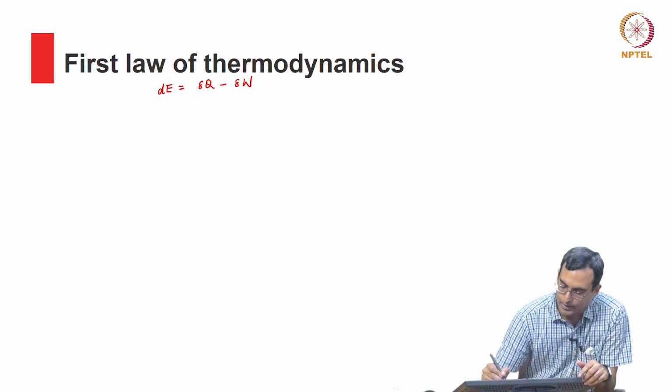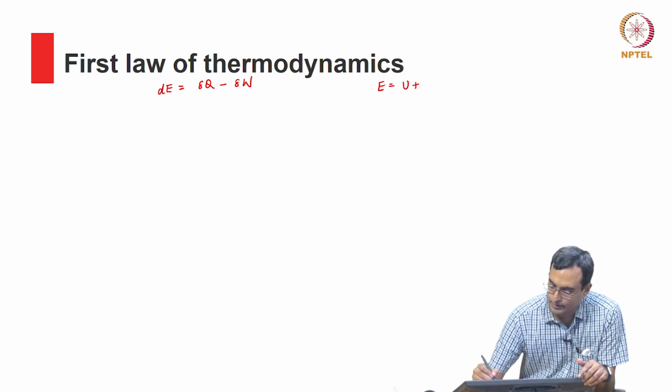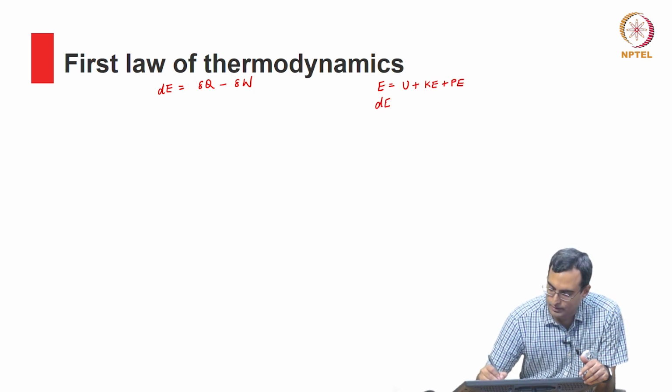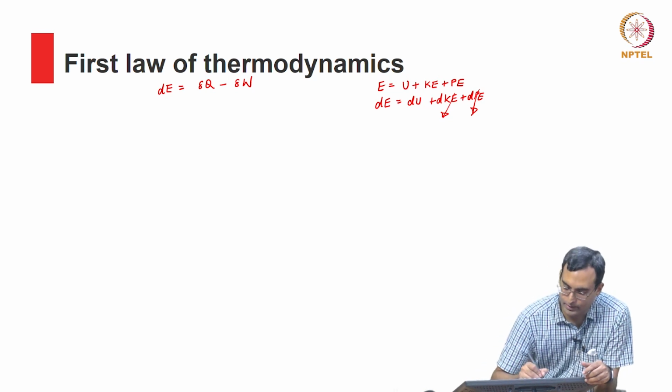So, this E, which is usually expanded as internal energy plus kinetic energy plus potential energy, if we were to differentiate that, we would get dE is du, since there is no change in kinetic energy, this is 0, there is no change in potential energy, this is 0. Therefore, I can replace dE by du.